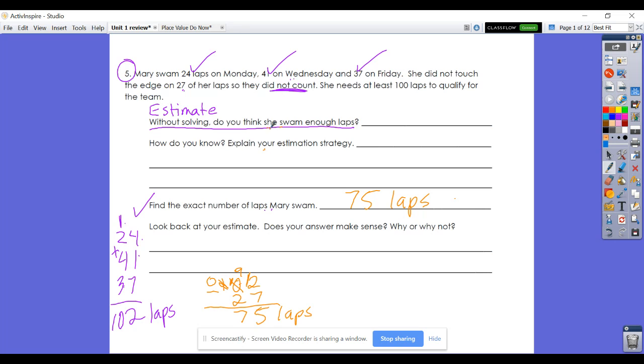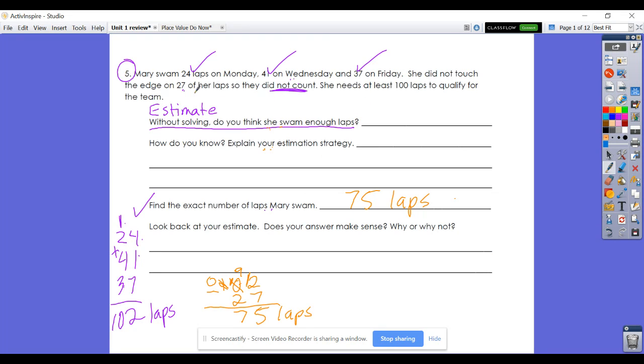It asked us before to do it without solving and use estimation. So let's go back up here and show the work we'd use for estimation. If we were doing Quinn's plan, adding the one she swam and then taking away, but we wanted to use easy numbers to do in our head, let's say we're trying to figure out if she did enough, right?